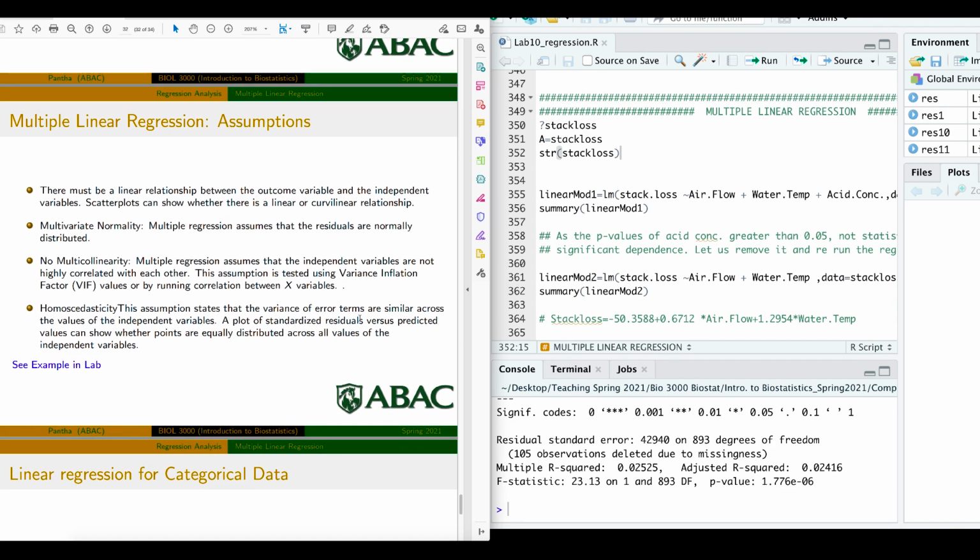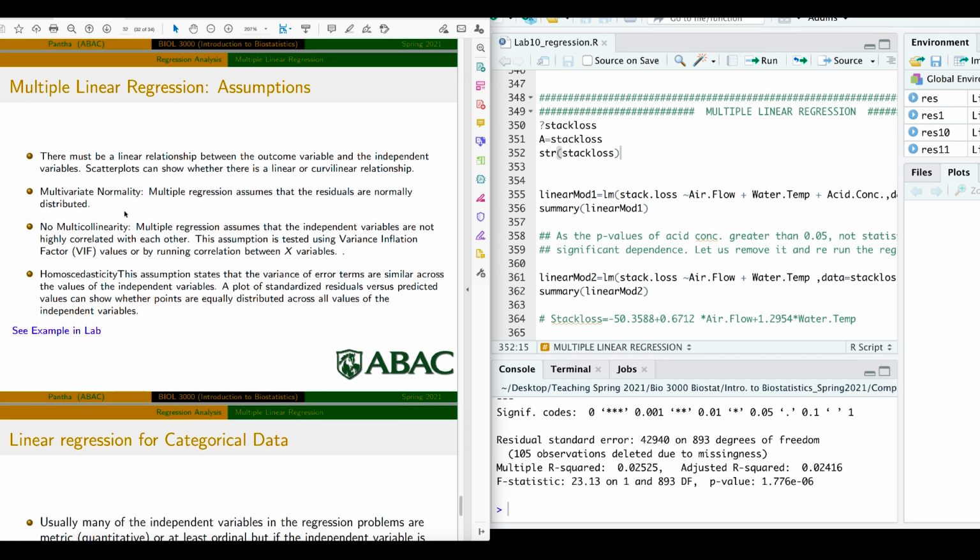So what are the assumptions of multiple linear regression? There must be a linear relationship between the outcome variable and the independent variables. They should be related linearly. Scatter plots can show whether there is a linear or curvilinear relationship. Next is multivariate normality: multiple regression assumes that the residuals are normally distributed.